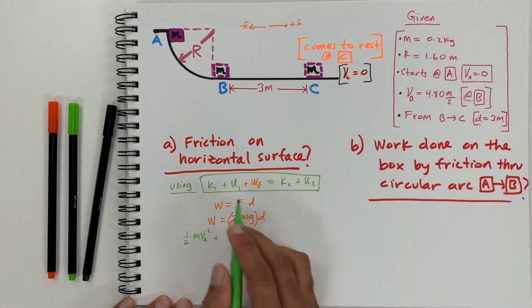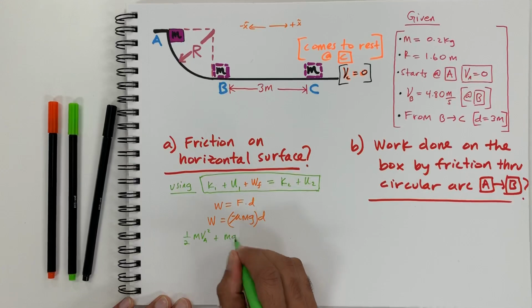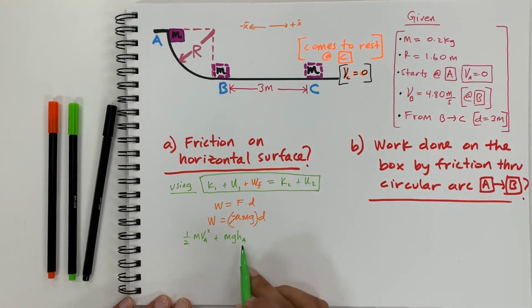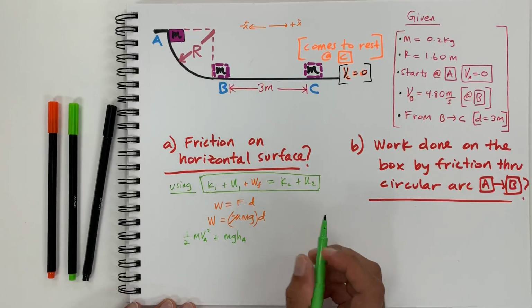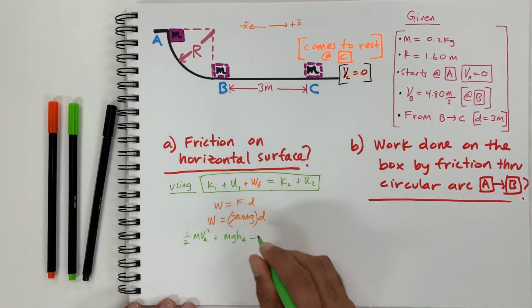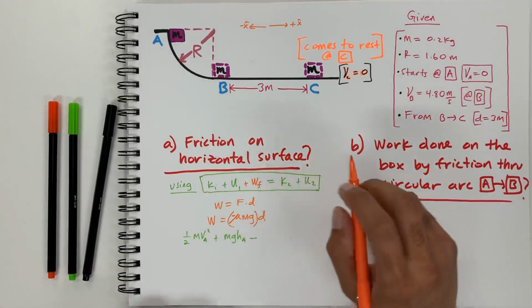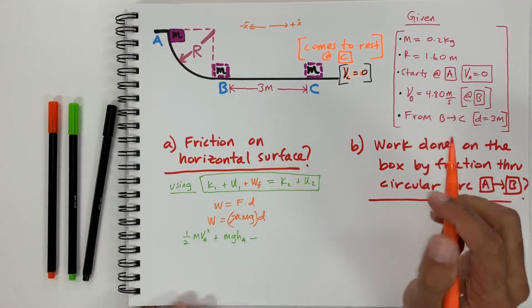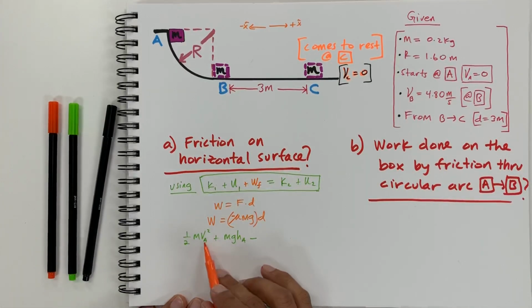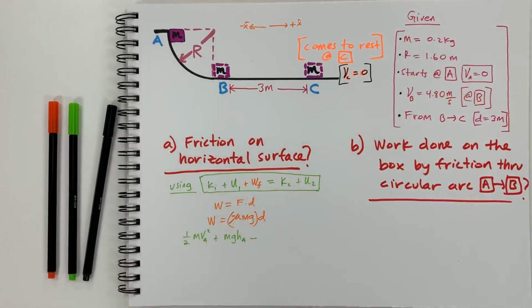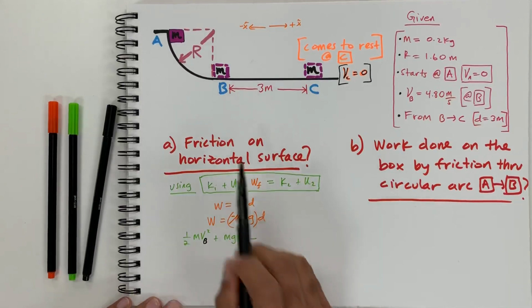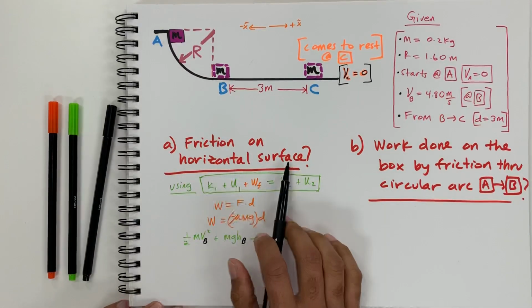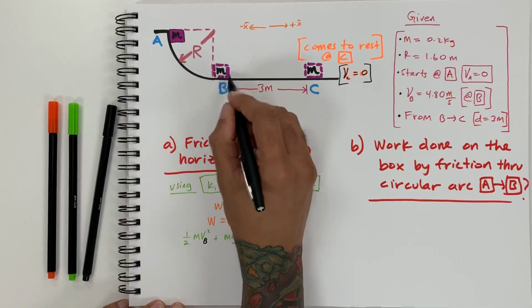Then we have plus the potential mgh at A. So this is the height at A, and this is the velocity at A. Okay, and then we have minus... all right, so sorry, these should be B. Okay, so let me correct that here. So the velocity at B, the height at B, because we want friction on the horizontal surface.